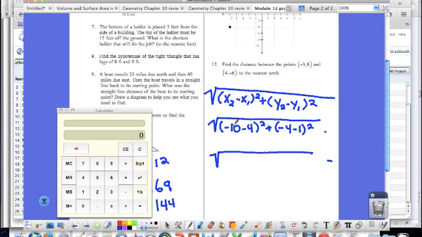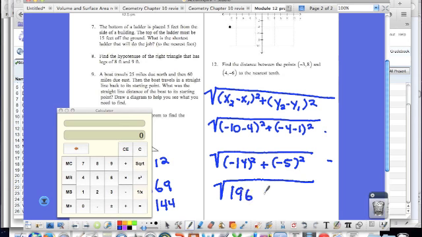So, what is negative 10 minus 4? Negative 14. It's actually negative 14 squared. We're going to square it in a minute. Negative 4 minus 1 is negative 5. Guys, realistically, you might do some of this in your head. Negative 14 squared is 196.